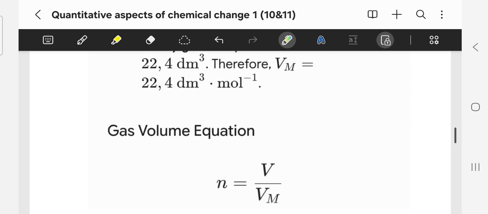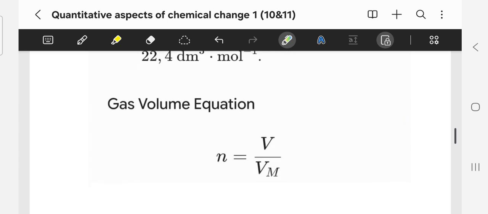Now we are going to look at the gas volume equation, whereby we use the molar gas volume, which is 22.4, to find the volume or the number of moles. Remember that Vm is the molar volume and it's a constant, so this one will always be given to us.